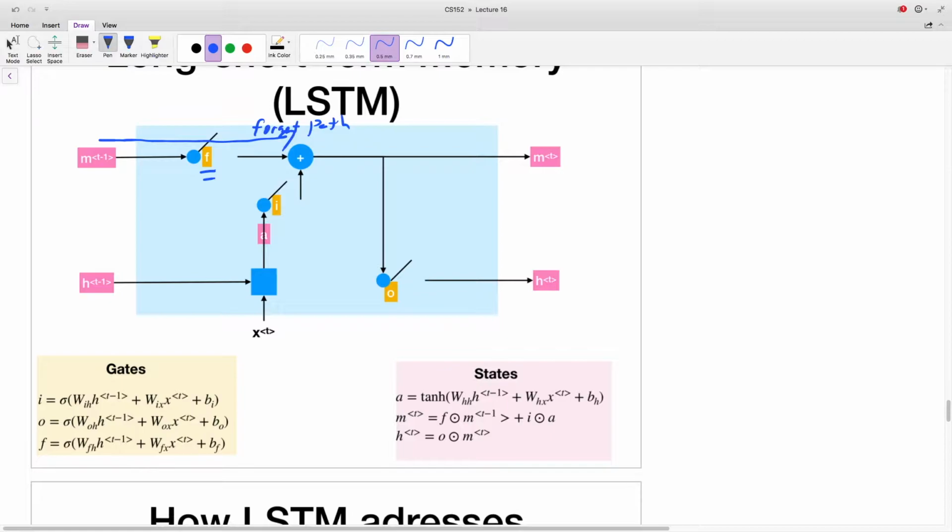Should be all of it. Let's just check. Yes, all of it. And if I is 0, none of it will go. And if it's half, half of it will go. So if you wanted half your old memory and half your newly computed value, you would set F and I to both be half. And of course, we're not setting anything ourselves.